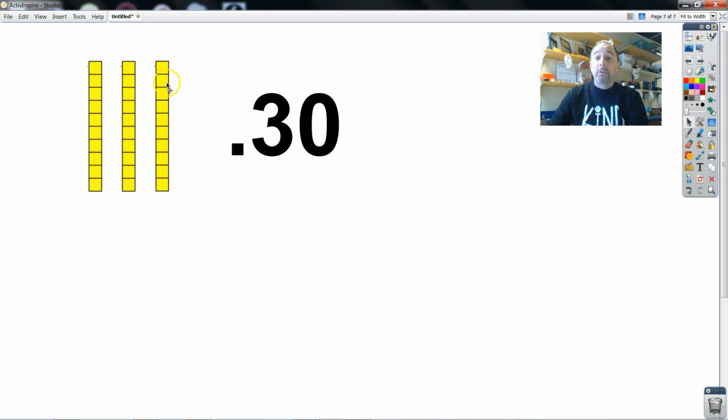I also have 30 hundredths. 1, 2, 3, 4, 5, 6, 7, 10, 11, 12, 20, 21, 22, 30. They're all right there, right? So the 0 here, it doesn't change the value when I put another 0 behind it. I still have 3 tenths. I also have 30 hundredths. And if I put another 0, I'd have 300 thousandths. But we don't need to know that because, 4th grade.